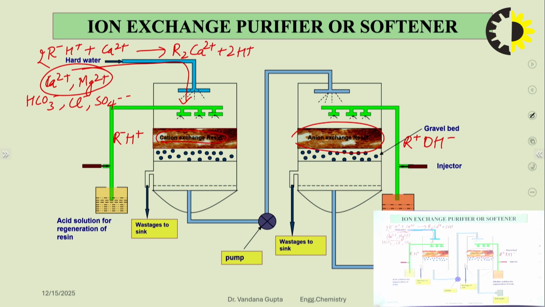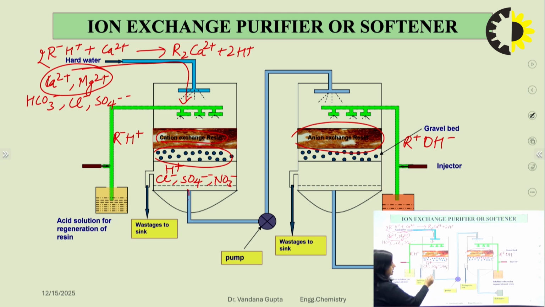So, by this reaction, outgoing water contains H+. All the cationic impurities are converted into H+, along with anions such as chloride, sulfate and nitrate.